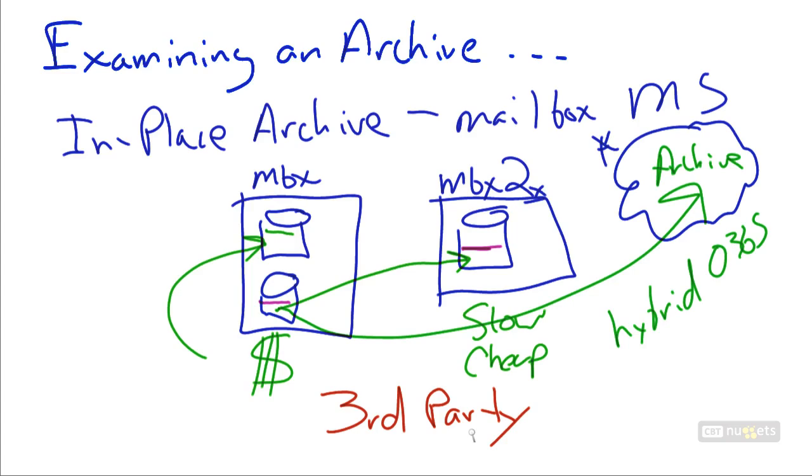I know several customers that intentionally have to go to a third party for both their archive, and they do all their e-discovery through that archive, and that's a different set of people that manage that entire piece for them. So it's part of their compliance, and following their regulations.